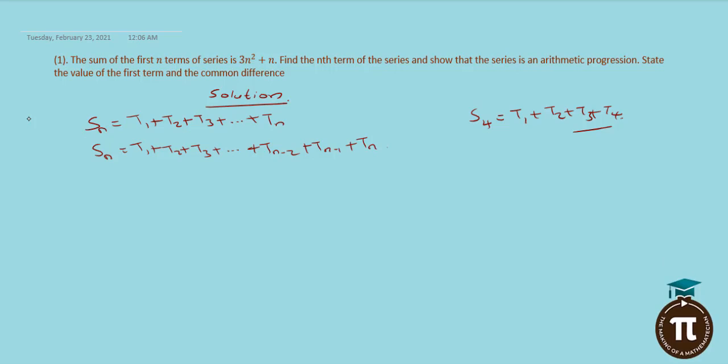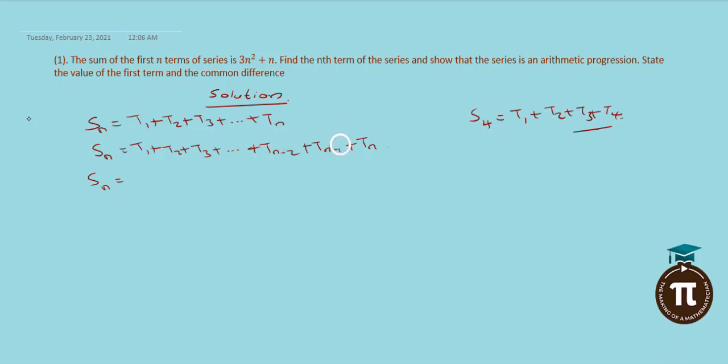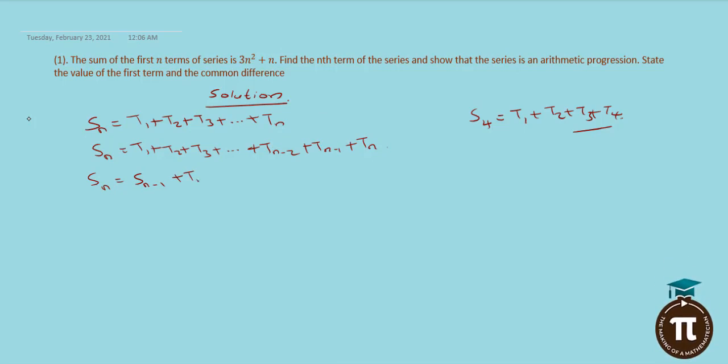That is what you have. So this is just a formula for the sum of the first n terms, and I'm getting to a point by showing you all this. Now this is Sn. So the sum of the terms from 1 to n minus 1 will be Sn minus 1, then plus Tn.